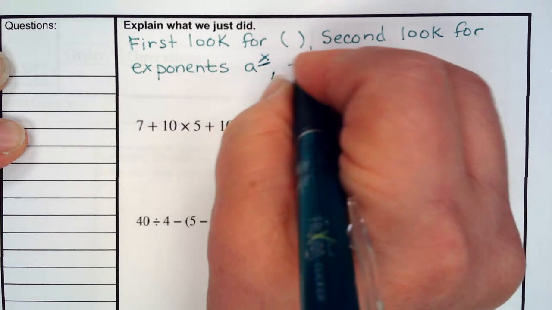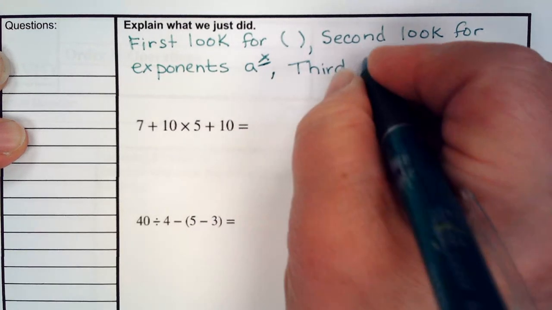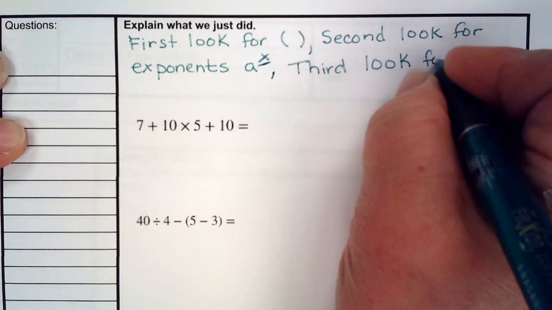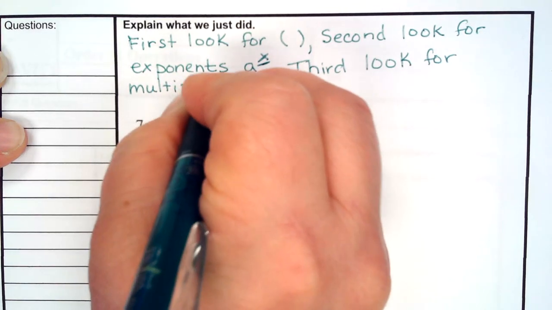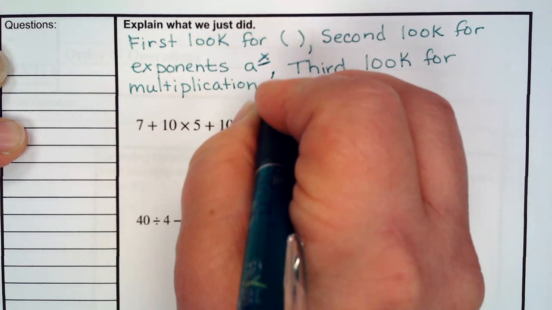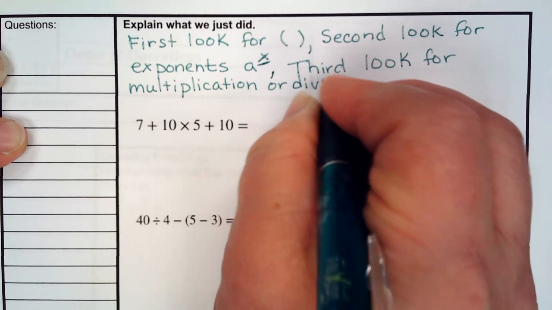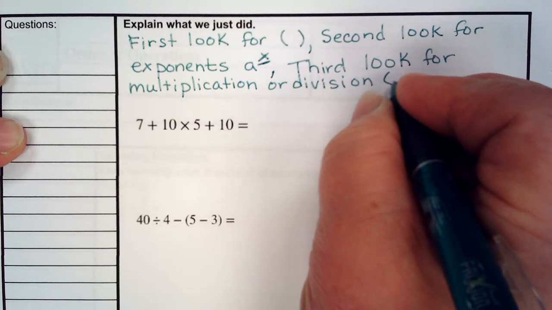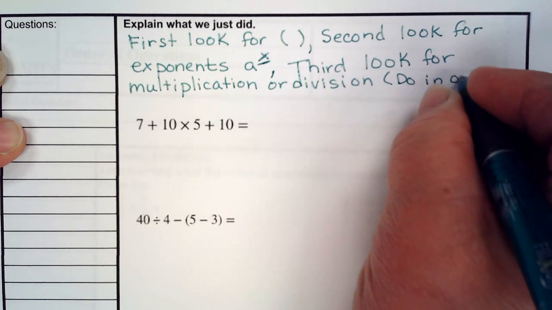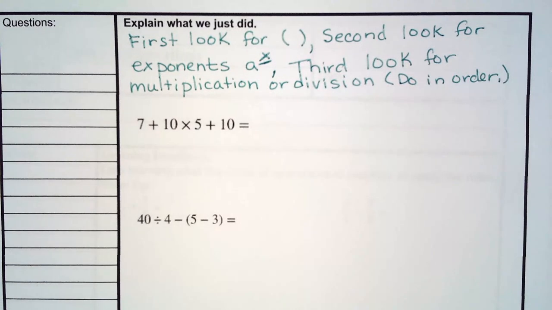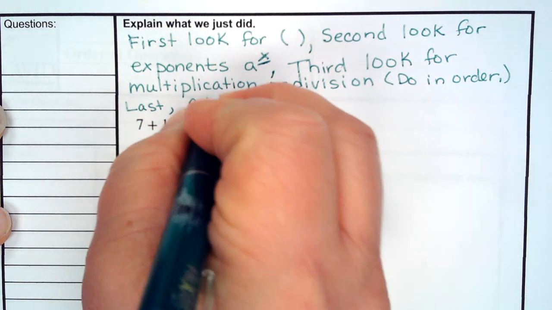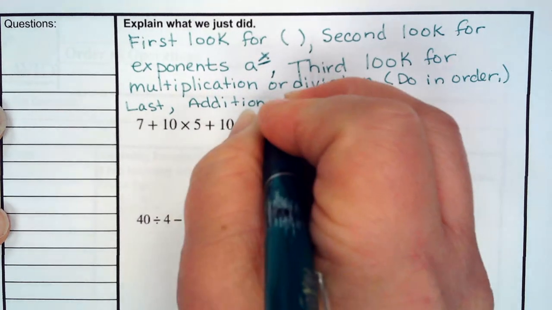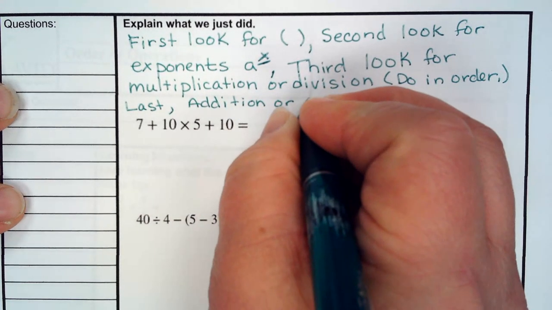Third, look for multiplication or division, and then do them in order. And finally, addition or subtraction.